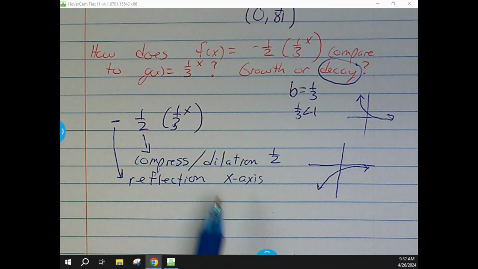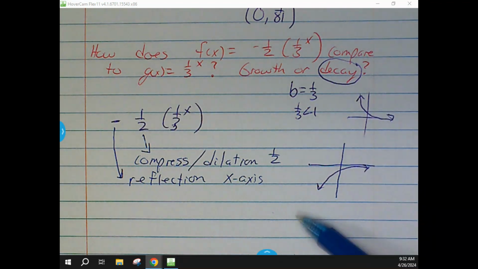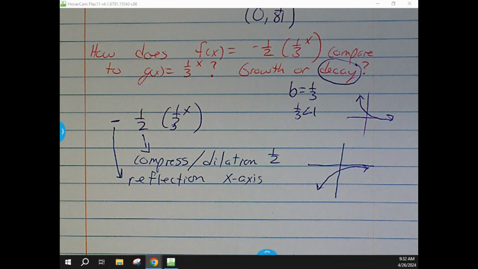The only thing you can really notice would be the reflection. We had it up here, now we've moved it down here, which means we had that negative out front. Reflection doesn't mean you're going through it, it just means you're mirroring it.